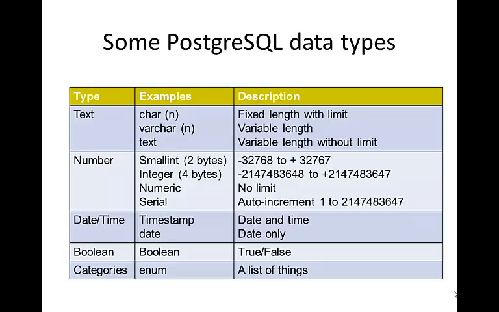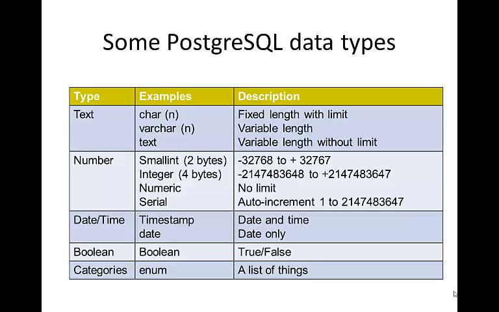So I remember a byte is 8 bits, of course, so I don't have to think about this more than once a year. Integers use 4 bytes, so take up twice as much room on disk, and we can go up to numbers in the hundreds of millions, if not more. Numeric, we can go to no limit, serial.